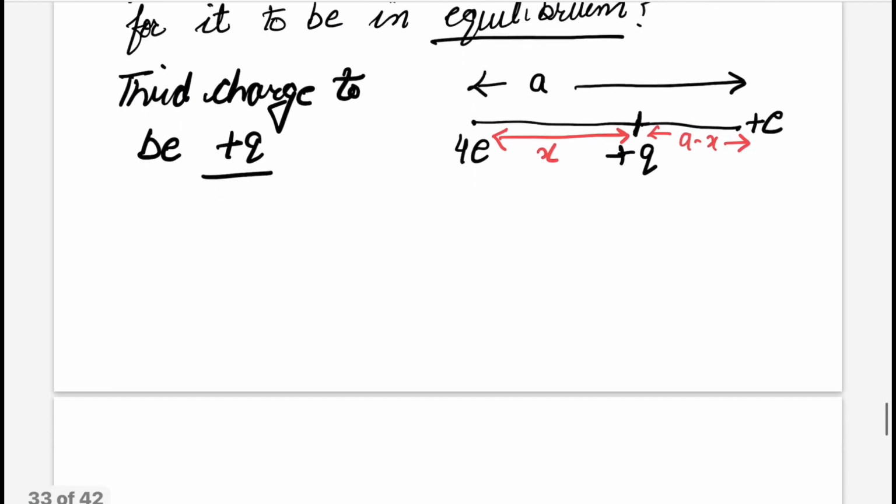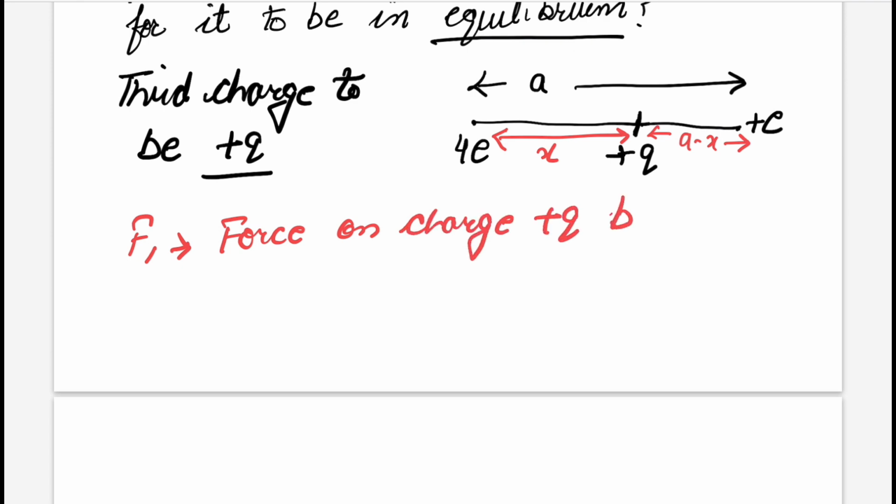Say F1 is the force on charge plus q by plus 4e charge, right?